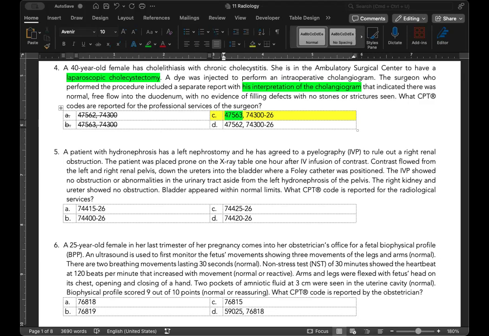And then underneath with contrast, we'll go to the urinary tract because that's what we were doing the X-ray on, right? We were looking at the ureters, the renal pelvis, and the bladder. Okay, so that's just our urinary tract.